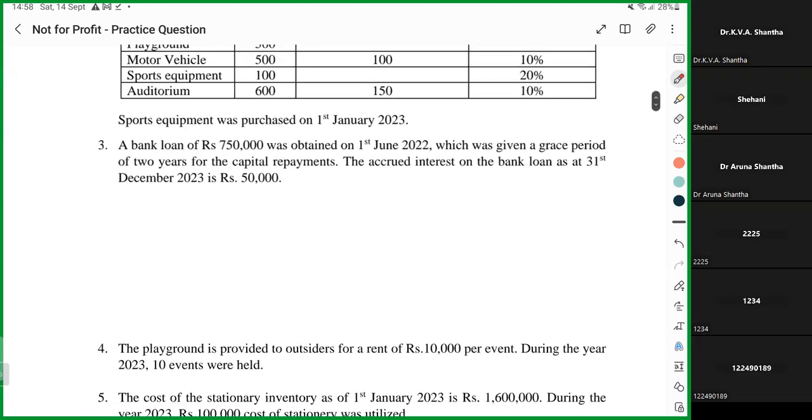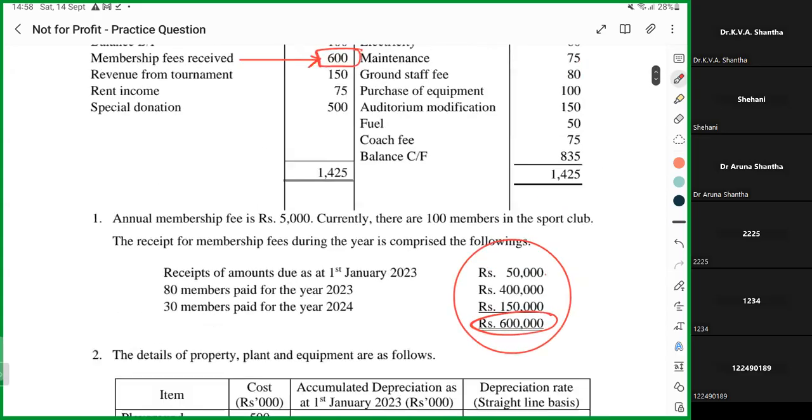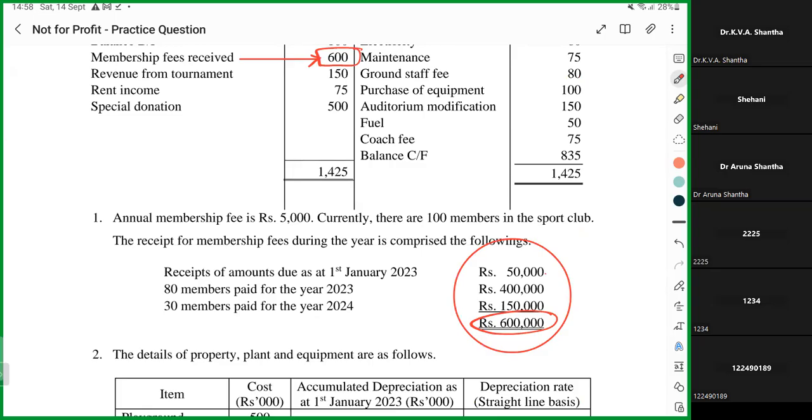As at 1st January, we had membership fees receivables.